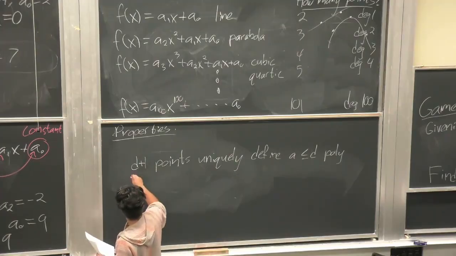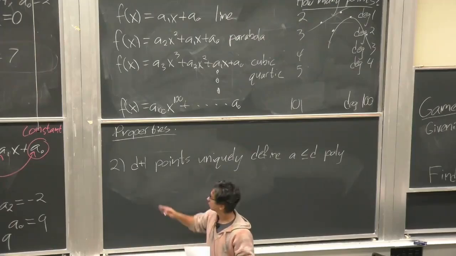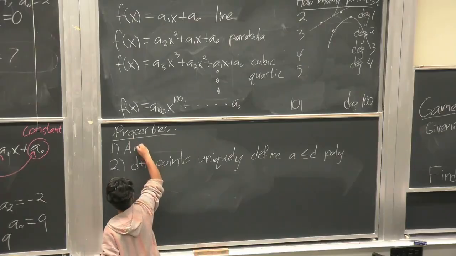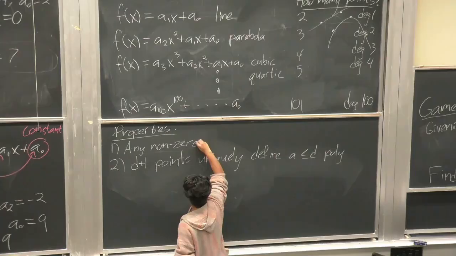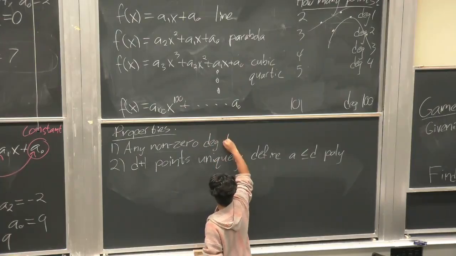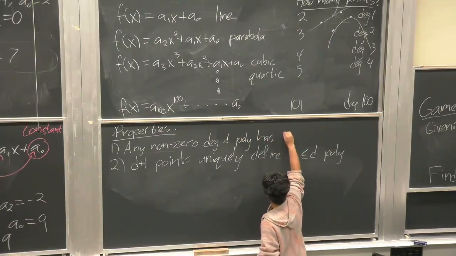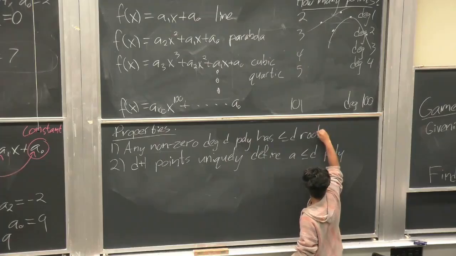So in the notes, I think the notes talk about this as being the second property. So this is property 2. Property 1 is another one. Any non-zero degree d polynomial has at most d roots, or zeros.